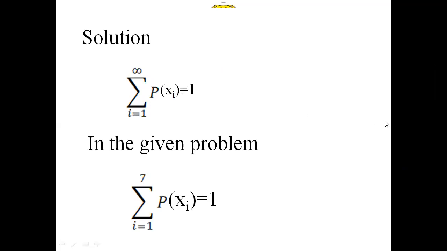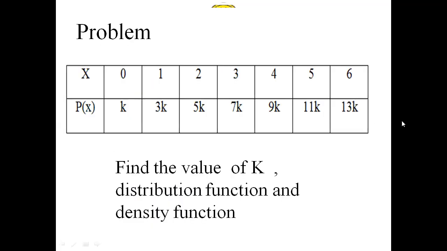Based on that, if you are taking the given table, the events are x1, x2, x3, x4, x5, x6, x7. That means here x1 is taking as 0, x2 is taking as 1, x3 is taking as 2, x4 is taking as 3, x5 is taking as 4, x6 is taking as 5, x7 is taking as 6.